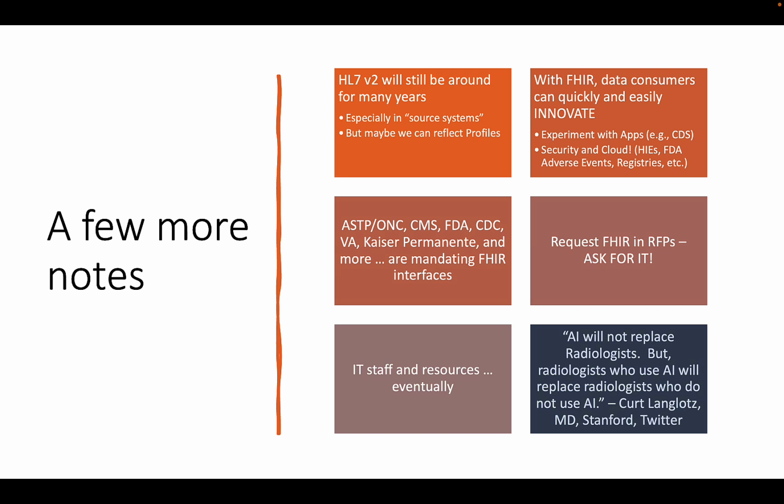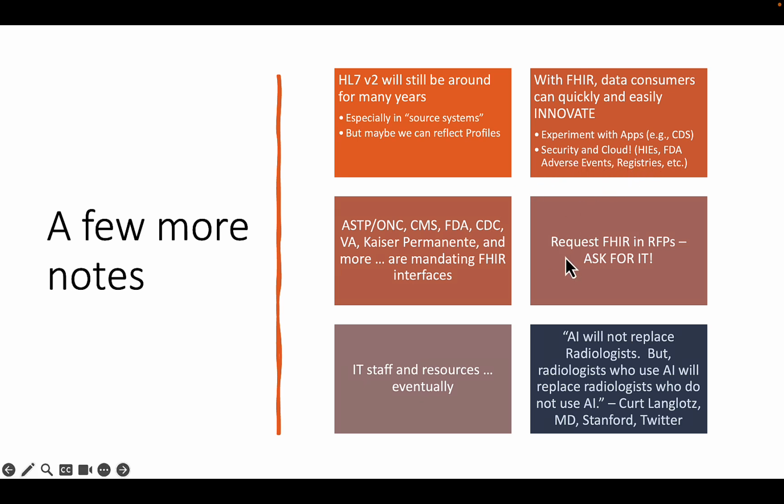So to allow for innovation, experimentation, especially with clinical decision support and really quality measures, security in the cloud, HIEs, FDA adverse event reporting, registries. There's just so many different applications, because FHIR supports security and supports no more Excel spreadsheets that we're sending via FTP.